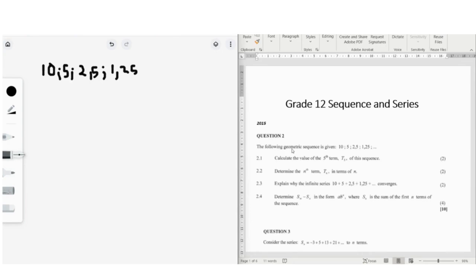All right. So the question says it's a geometric sequence. So on 2.1, that says we have to calculate the value of the fifth term in terms of T5.